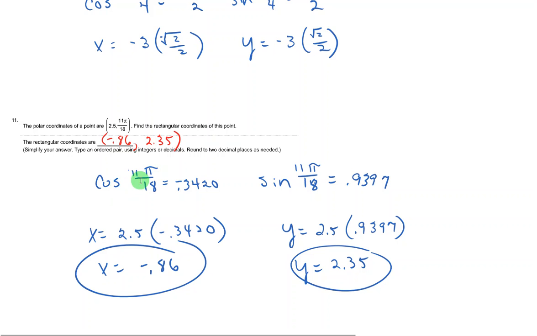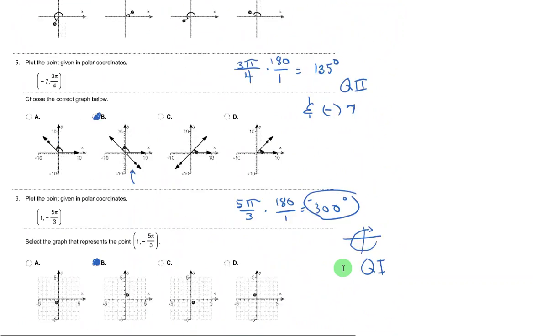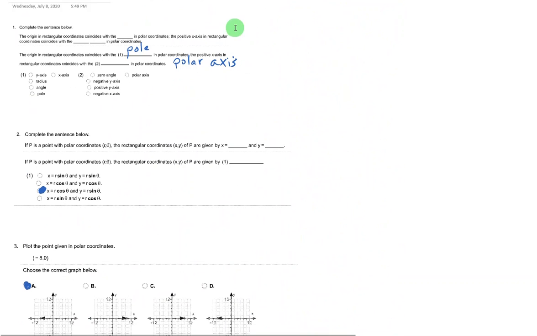Cosine of 11 pi over 18 equals this. Sine of that equals that. So x is 2.5 times the number you got here. y is 2.5 times this value. And you have -0.86 and 2.35. And I think that will get us going on an introduction to polar coordinates.